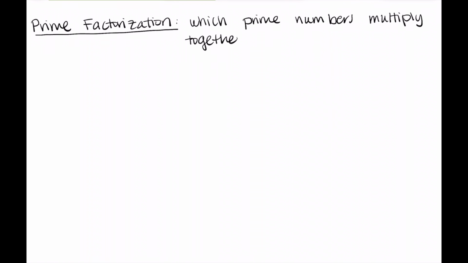So we're going to be given a number, and we're going to use a factor tree to determine which prime numbers are at the core of that number, and those prime numbers multiplied together will make up the original number that we're given. So that's the process of prime factorization.